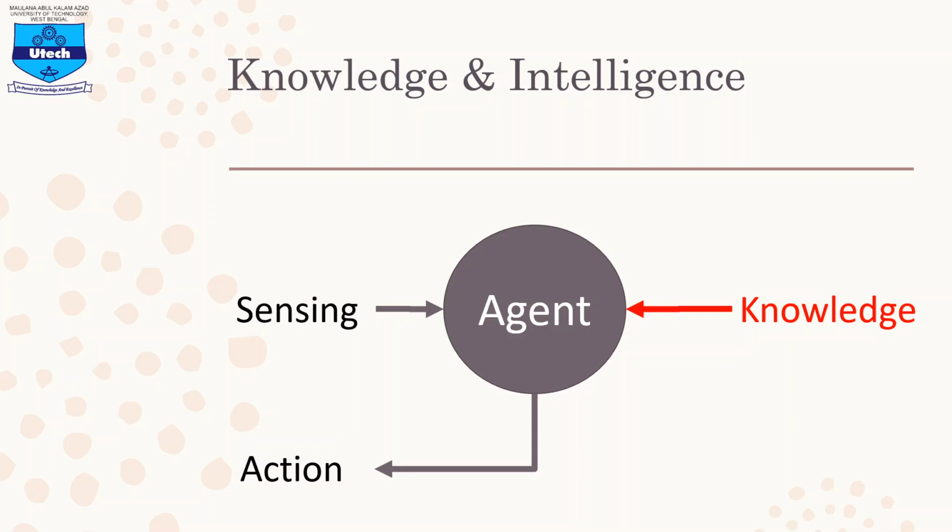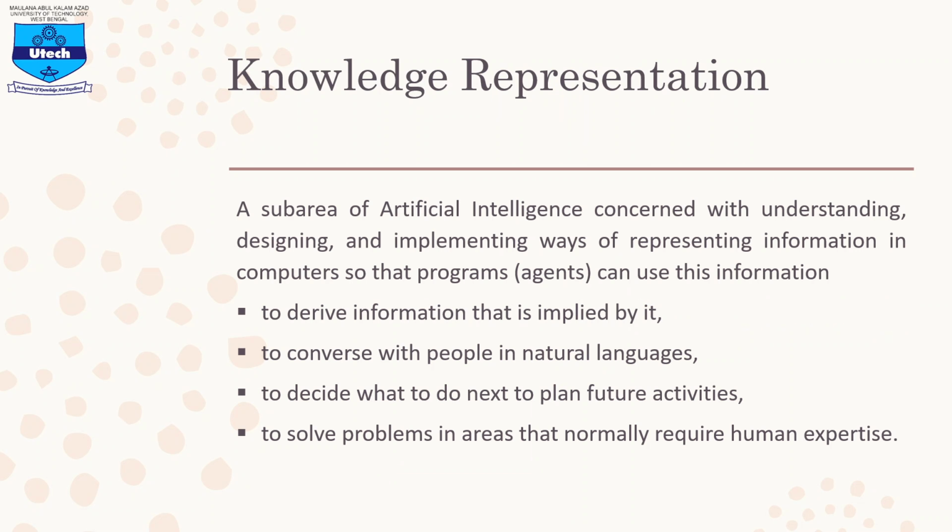So we are talking about knowledge and intelligence. This knowledge needs to be represented properly. That is, knowledge representation should be done. Otherwise that knowledge will be of no use to the agent. So knowledge representation is a sub-area of artificial intelligence that is concerned with understanding, designing and implementing ways of representing information in computers so that programs or the agents can use this information.